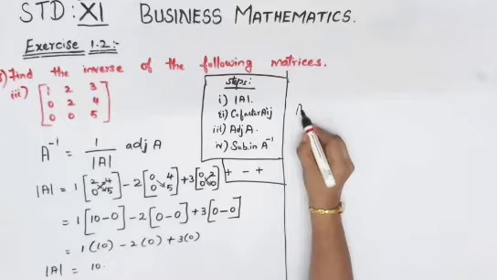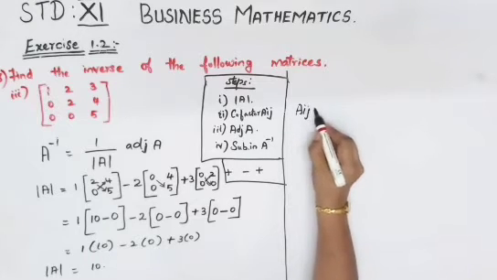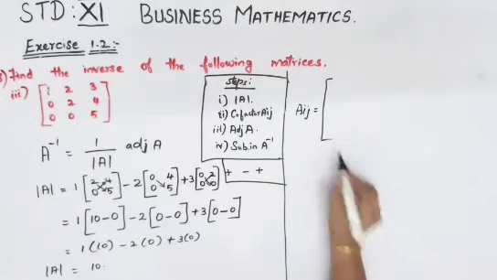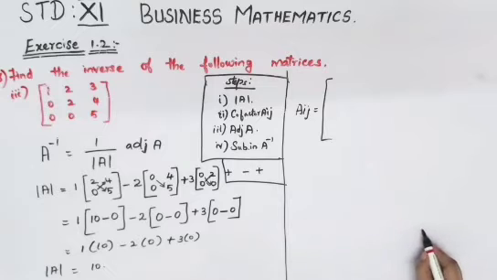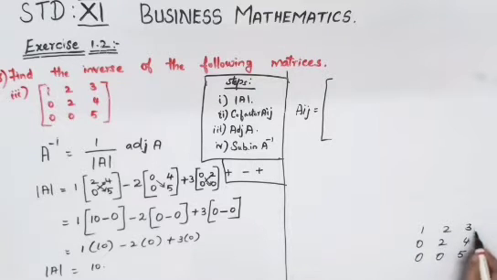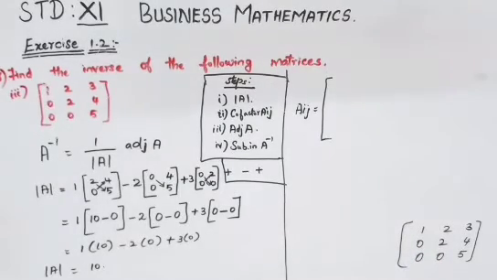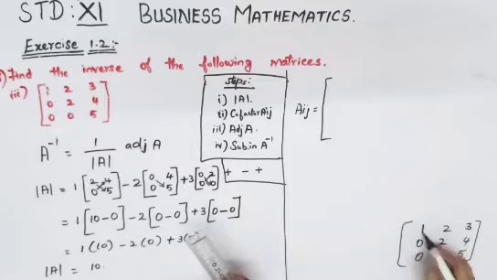So Aij is equal to, open your bracket, I'll just write your matrix here: 1, 2, 3, 0, 2, 4, 0, 0, 5. So for the first element, you will have to find the minor.